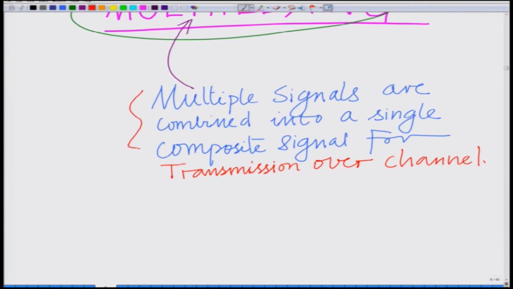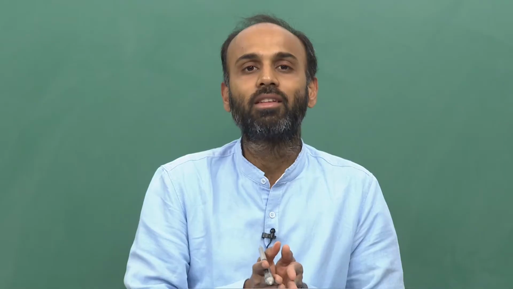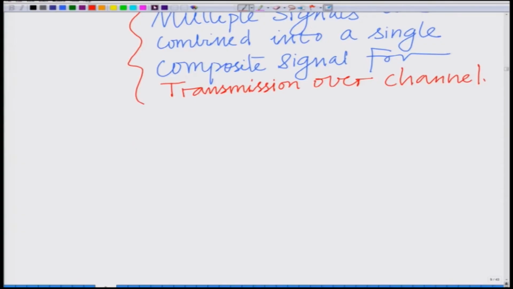What is the advantage of this? The advantage of this is you are using the same channel for the transmission of multiple signals instead of a single signal. Okay. So, this makes the channel usage efficient.